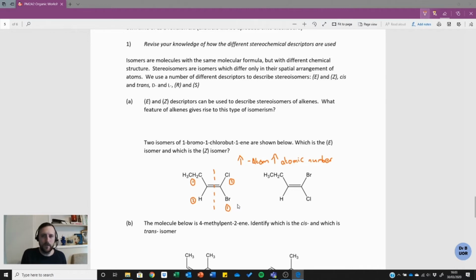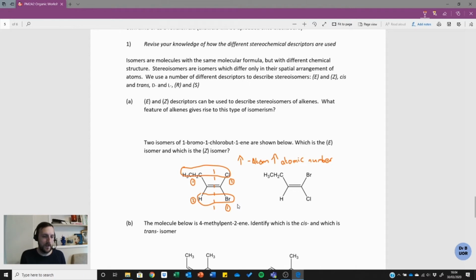Okay. So when we have that, we can look at which side of the double bond the 1s and the 2s are. If we look at the top, we're comparing these two against each other, and we're comparing these two against each other. In this molecule we had a number 1 and a number 2, and at the bottom we had number 2 and number 1.